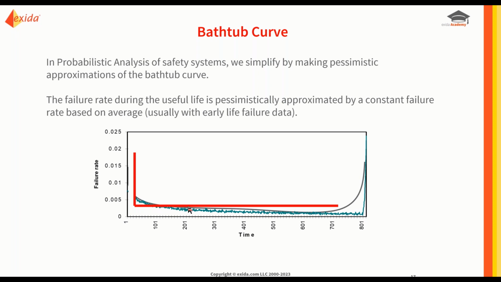If we take an average over this period, the constant number that we come up with while gathering data in the early phase of the useful life remains rather conservative for the rest of the useful life, as the real failure rate actually keeps declining. So this constant failure rate model is what we use for functional safety and for virtually all reliability engineering tasks, as it vastly simplifies the math. And it's conservative, it's pessimistic.